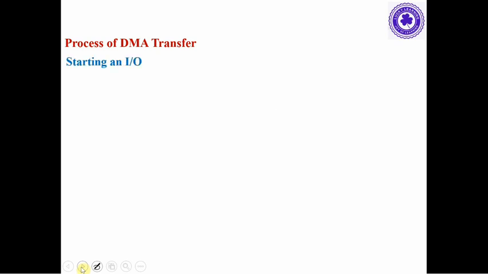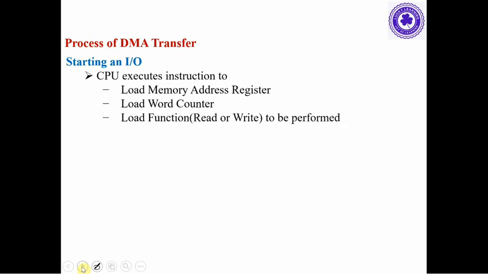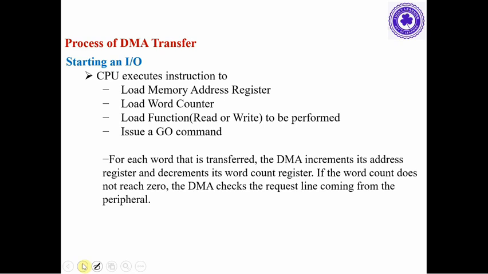Okay. And when it comes to the IO device, the CPU executes instructions to load the memory address register, load the word count register to know how many words are to be transferred, and load the function, that is the read function or write function to be performed, and issue the go command to perform a transfer. Now for each word that is transferred, the DMA increments its address register so that it will go to the next location, and decrements its word count register so that it will count whether the required number of words is transferred or not.